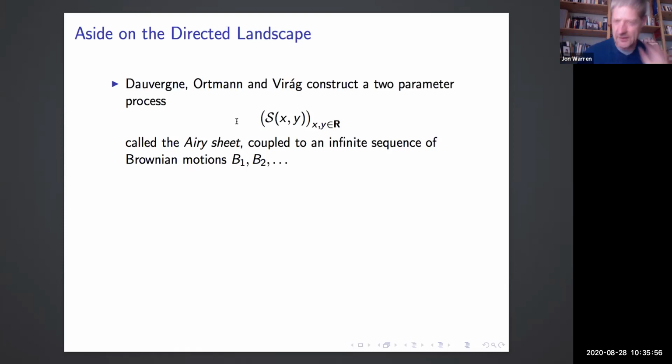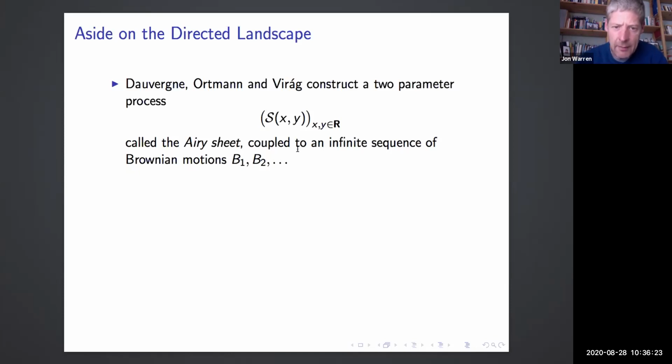It's probably not worth me trying to explain now when I can't even draw anything. And the paper that constructs this by Dauvergne, Ortmann, and Virág, it's coupled to an infinite sequence of Brownian motions. The sheet, which is a fantastic object, comes associated with, coupled, living on the same probability space, I think, as this sequence of Brownian motions, B1, B2.